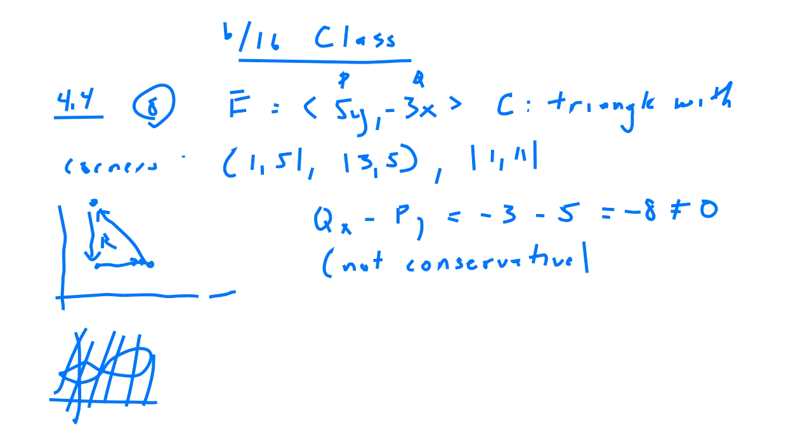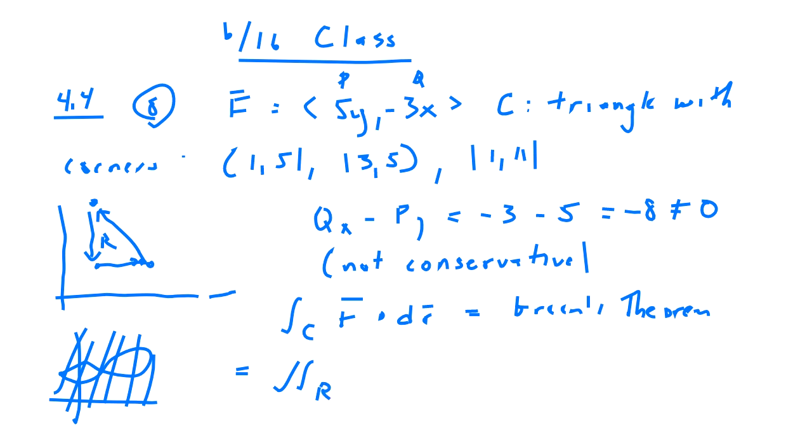Okay, so on the other hand, you can see that this is a fairly simple function. So here's what we want to get, and we want to do the line integral on C. And by Green's theorem, we get the double integral over R, which is the space that's enclosed by the closed curve.